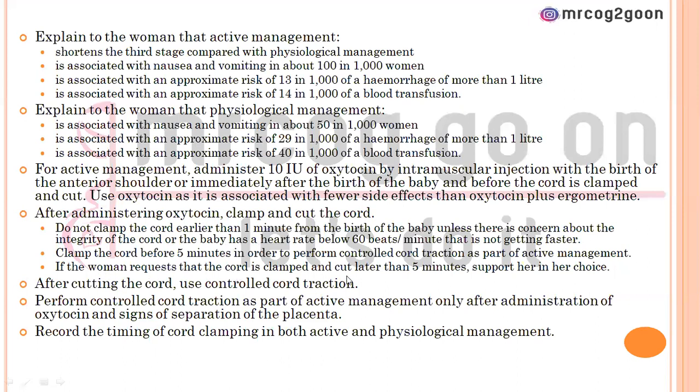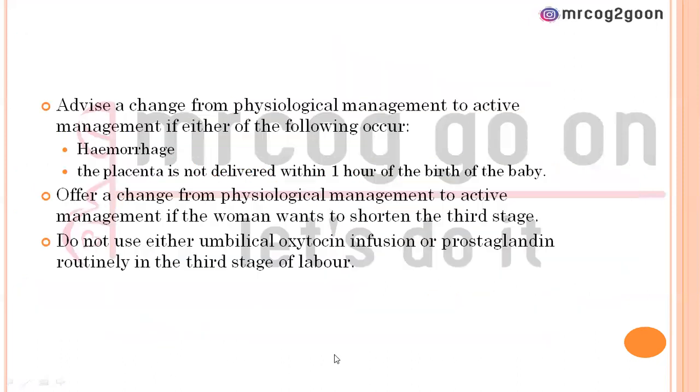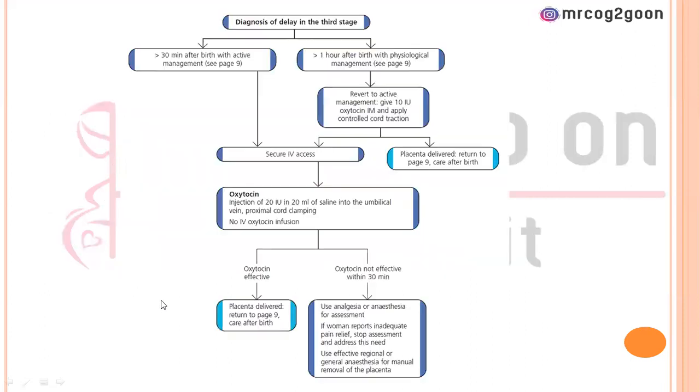If the woman requests that the cord is clamped and cut later than 5 minutes, support her decision. Advise a change from physiological to active if there is hemorrhage or the placenta is not delivered within 1 hour of the birth of the baby. Offer a change also if the woman wants to shorten the third stage, and do not use either umbilical oxytocin infusion or prostaglandin routinely in the third stage of labor.